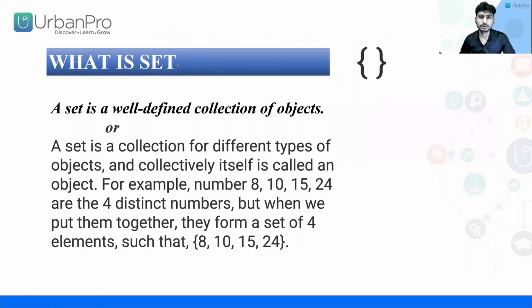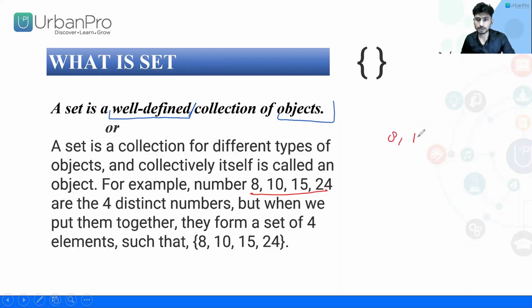Now let us start with the definition of a set. What is a set? A set is a well-defined collection of objects. Means we will understand the meaning of these two words: well-defined and objects. See, I have also given the definition, and for example, there are some numbers 8, 10, 15, 24.